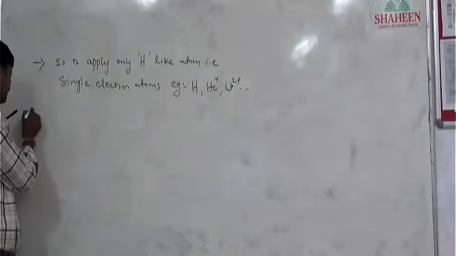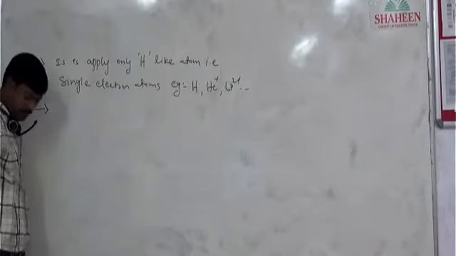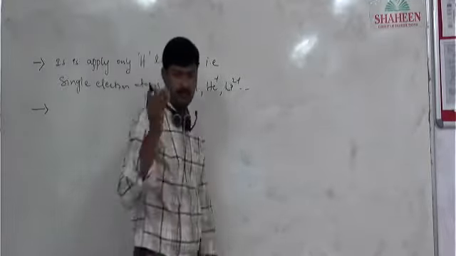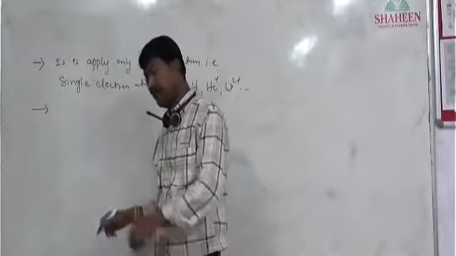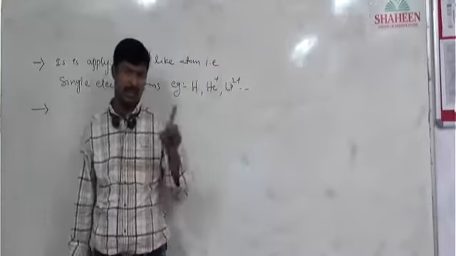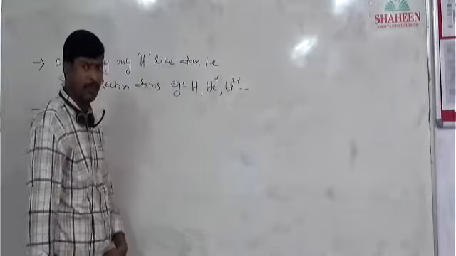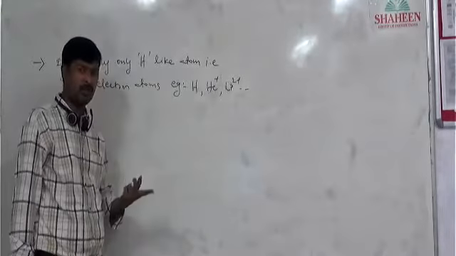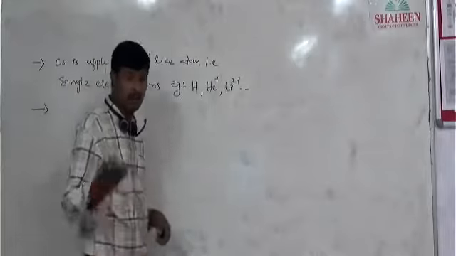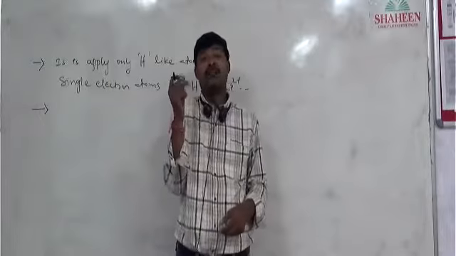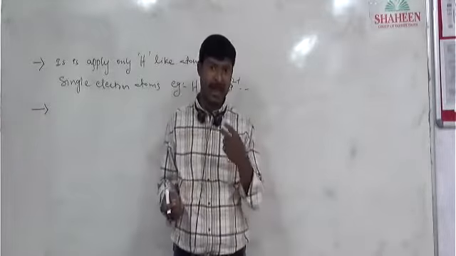Second one: Bohr said that the electron stays in a particular orbit and revolves around the nucleus, right? But the electron not only revolves around the nucleus, it also rotates about its own axis, like our Earth.